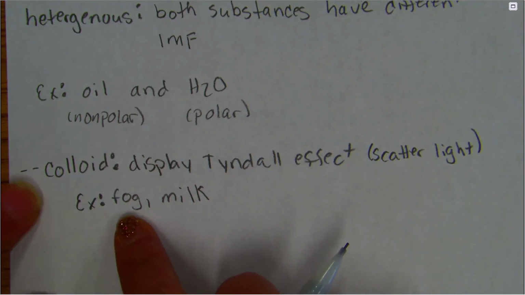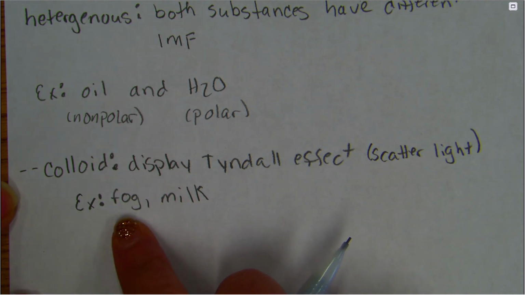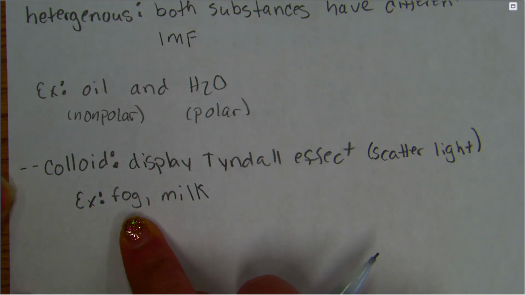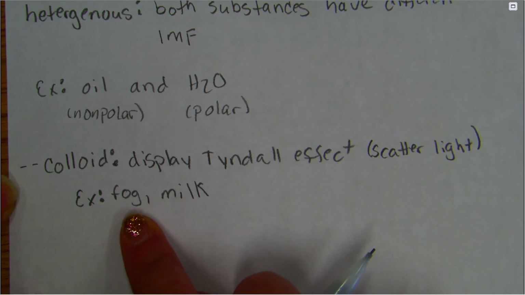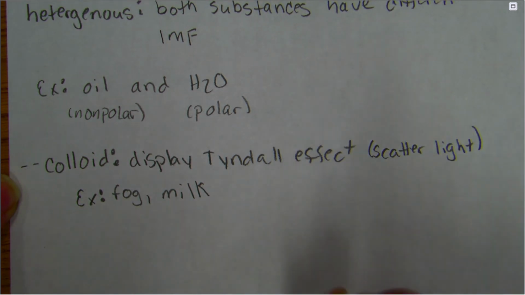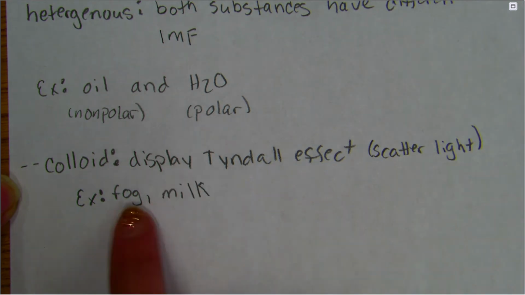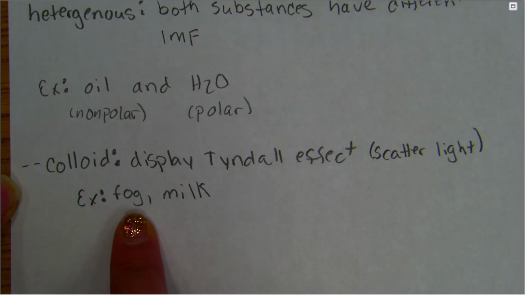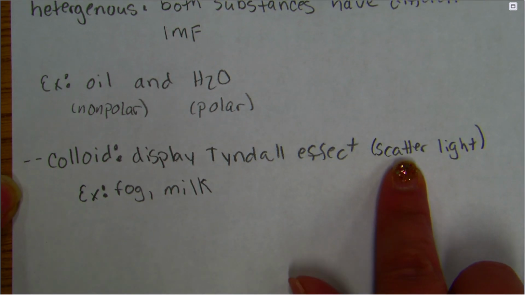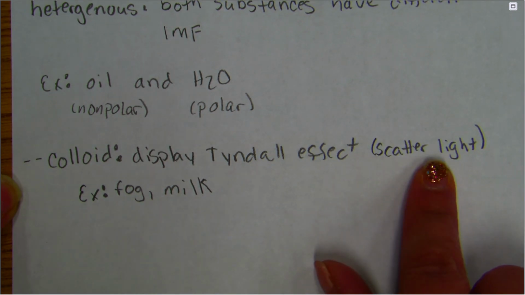Now, fog. When you're driving and it's foggy out, you learned in driver's ed that you always drive with your low beams on, never the high beams when it's foggy out. Why? Now, you don't want to do this while you're driving, but when you are parked in your driveway before you go somewhere, if it's foggy, just take a minute, turn on the bright beams and look at how much different it looks.